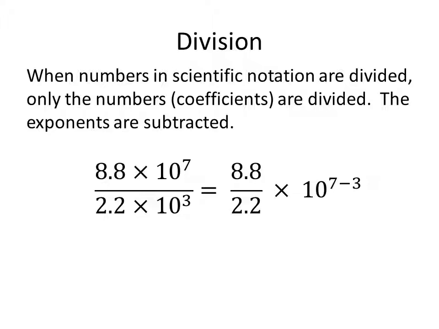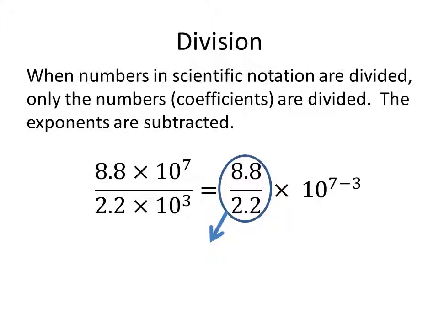So we're going to take the 2 significands, the 2 coefficients in the front, and divide them. 8.8 divided by 2.2. For our powers of 10, our exponents, we have 7 on top and 3 on bottom, so our power of 10 will be 7 minus 3, as shown here.